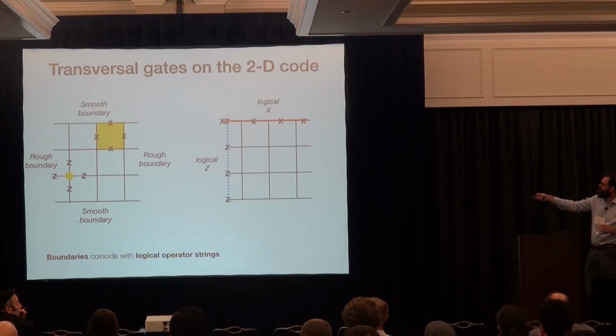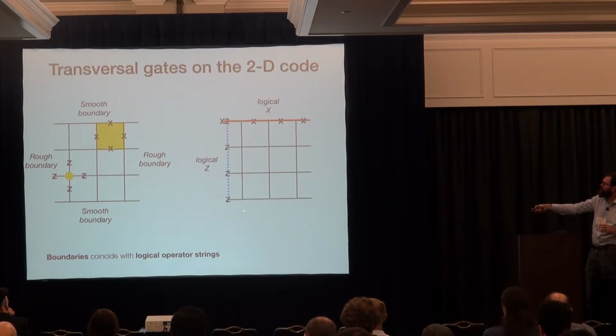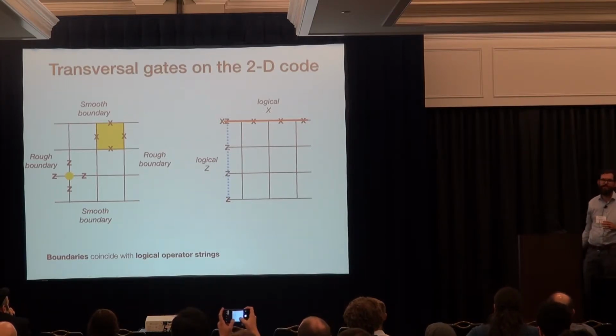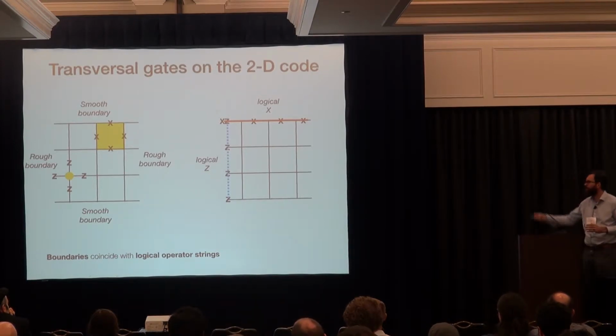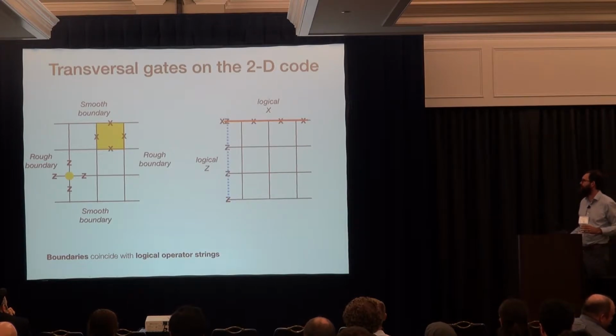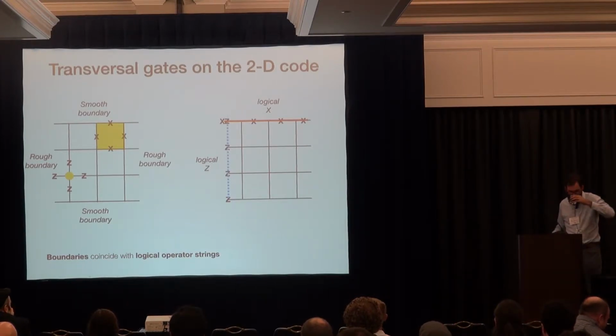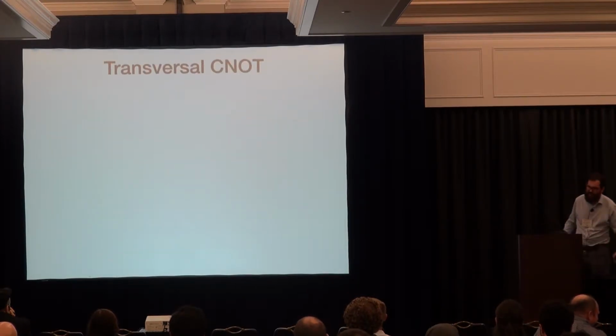And we can see that the logical X lives along a smooth boundary. It's a string from one rough boundary to the other. Logical Z lives along the rough boundary. It's a string from one smooth boundary to the other. And of course, as we know, we can deform these strings within the lattice by multiplying by elements of the stabilizer.